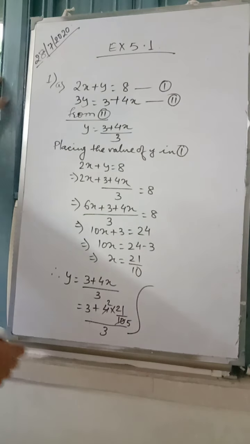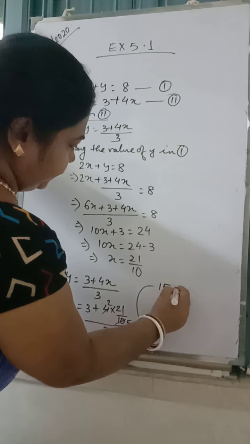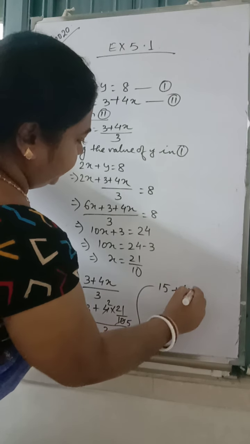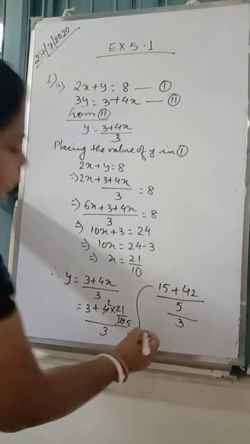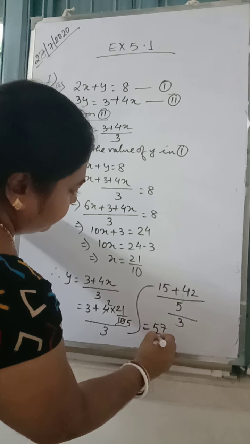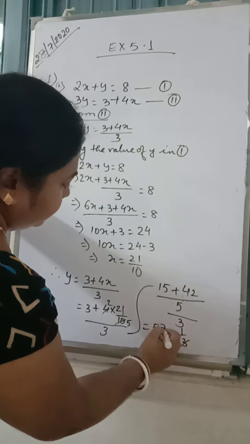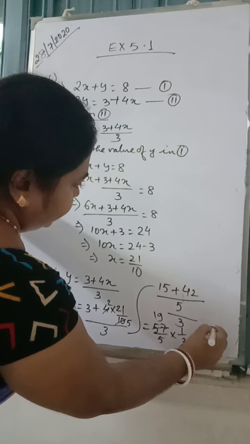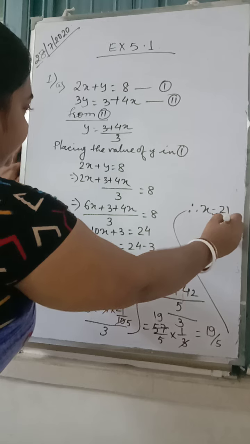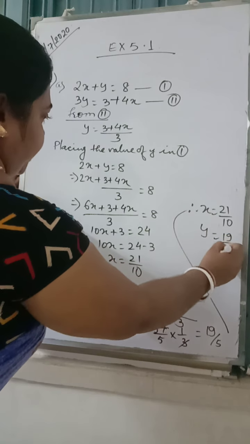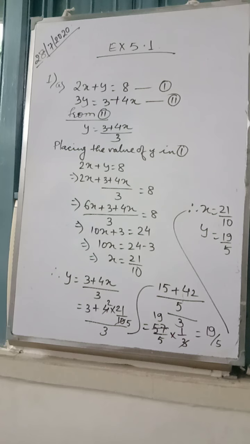Now it gives you 5 3s are 15 plus 21 2s are 42 by 5, by 3, or 57 by 5 into 1 by 3. 19s are 57, so 19 by 5. So therefore x is equal to 21 by 10 and y is equal to 19 by 5. This is called the substitution method, in which we get the value of one variable in terms of the other and then we place it to get the values.